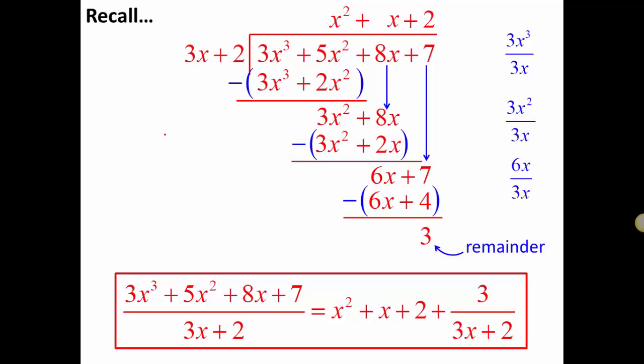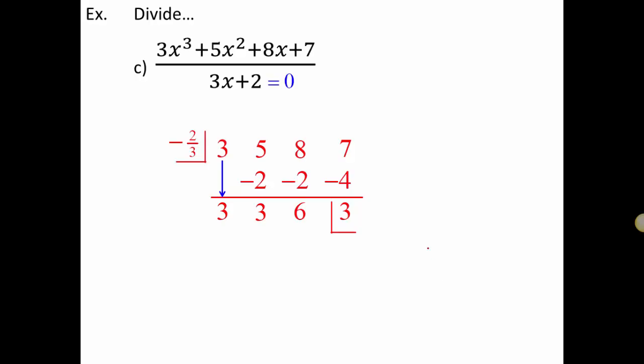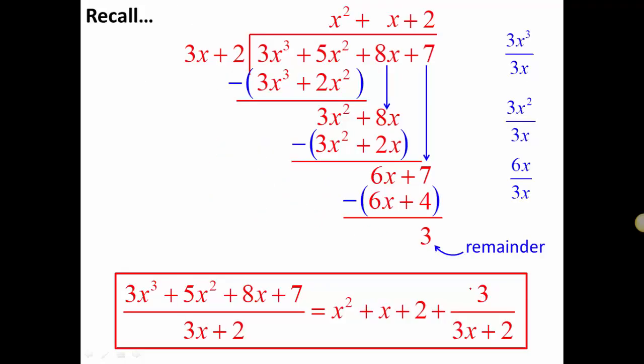This was the very first one that I did with polynomial division, and I showed you the long division method, and this was the answer we got. 1x squared plus 1x plus 2 plus 3 over 3x plus 2. So looking at what we did here, notice the remainder is correct, but the rest of it, 3, 3, 6, should be 1, 1, 2.